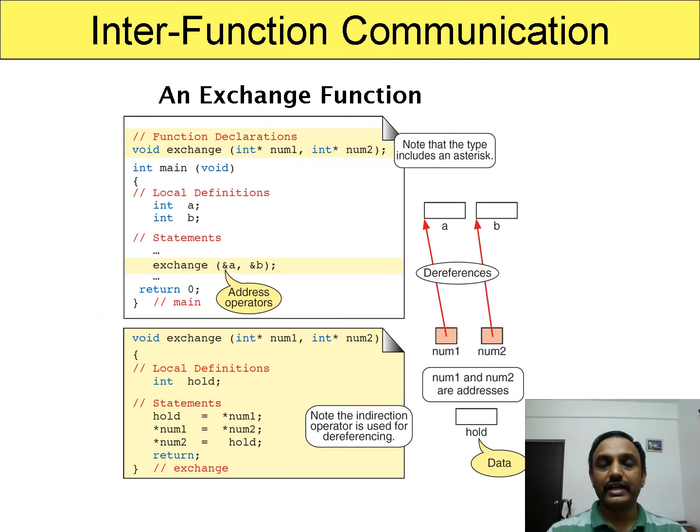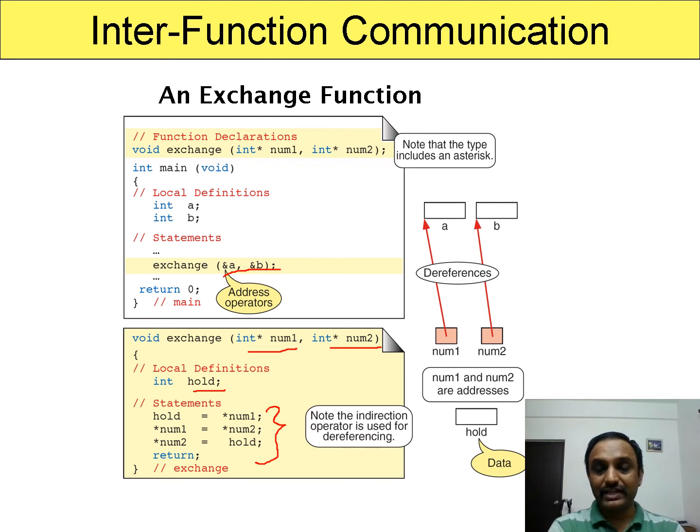So here you see another example, swapping function or exchange function. What are the things I am sending? Address of A and address of B. Those things are assigned to num1 pointer and num2 pointer. Here we are applying swapping of two values. So we are taking one temporary variable, hold, and star num1. Dereference operator num1 means the value at A we are changing.